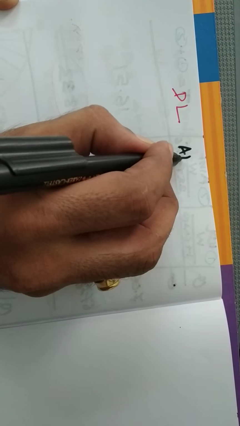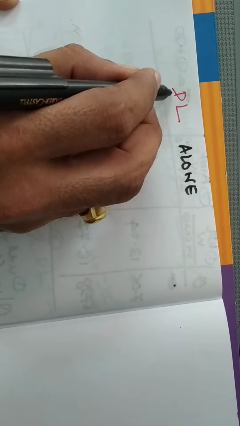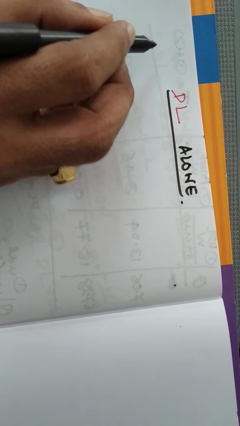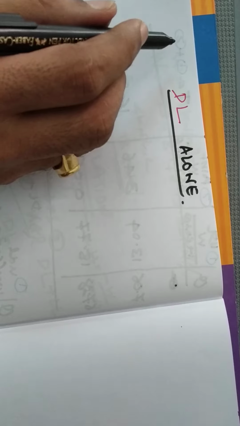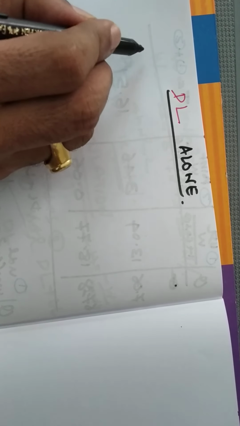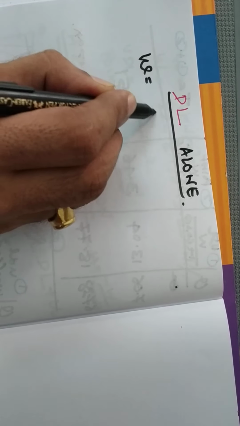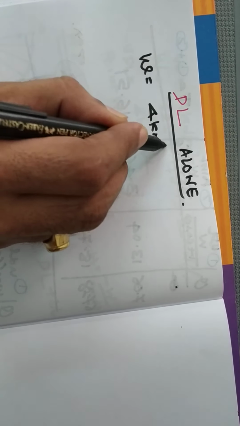Okay, so what is the next? Next case is only dead load. Dead load alone. Okay, so remember, small w is 4 kilonewton per meter square.